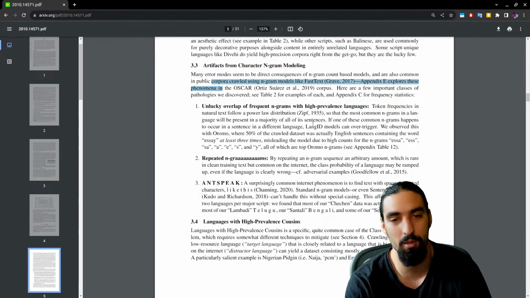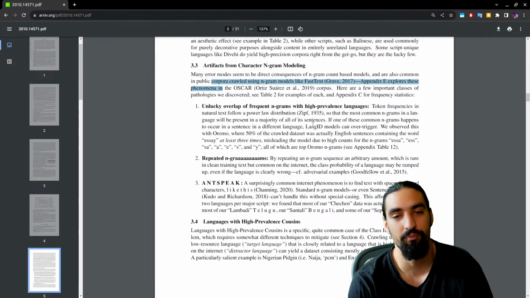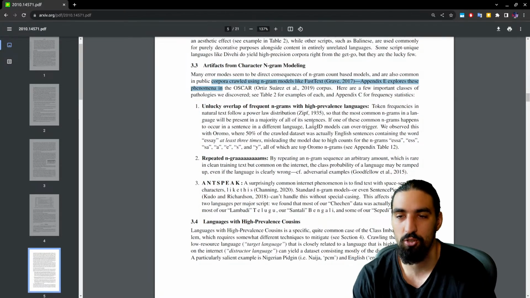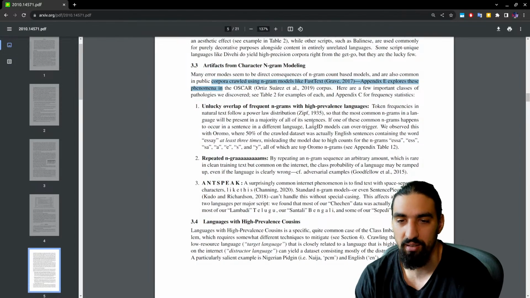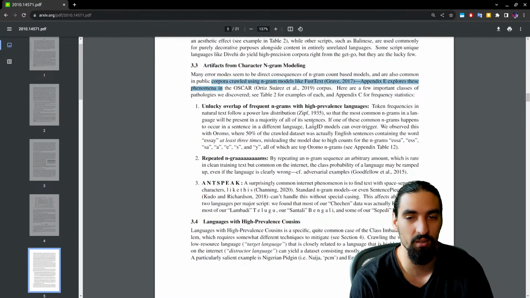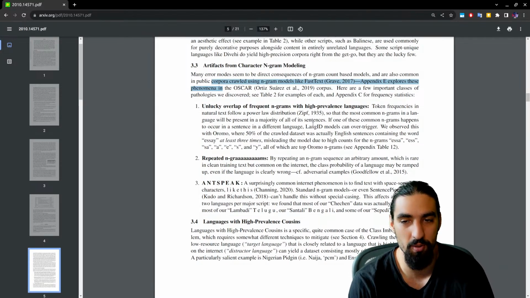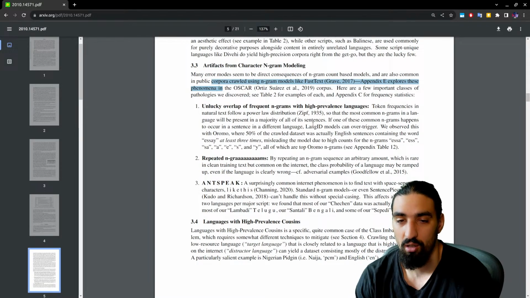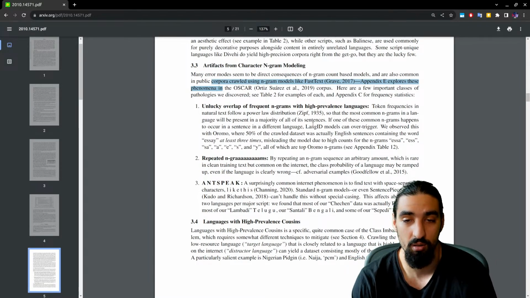This is the GAN paper, I guess. And spacing: a surprisingly common internet phenomenon is to find text with space-separated characters, like this. Standard n-gram models or even sentence piece models can handle this without special casing. This affects about 1 to 2 languages per major script.